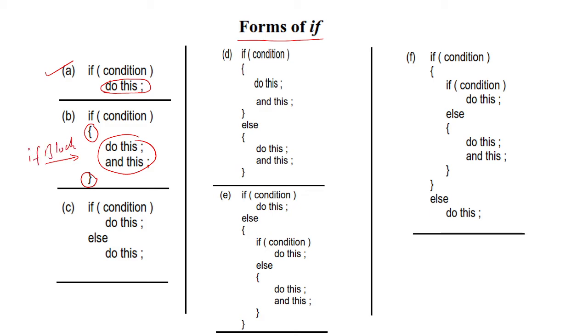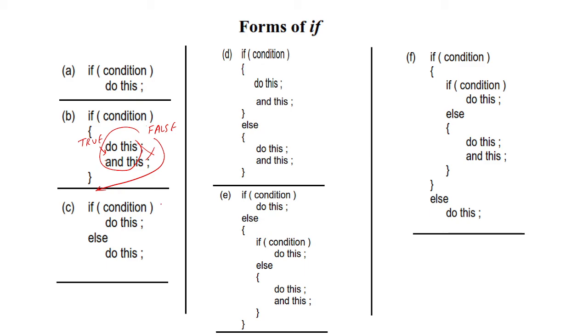If there is only a single statement and the condition comes true, it will do this work. In this case, if the condition comes true, it will do these works. Otherwise it will not do this. If the condition is false, it will go to this.